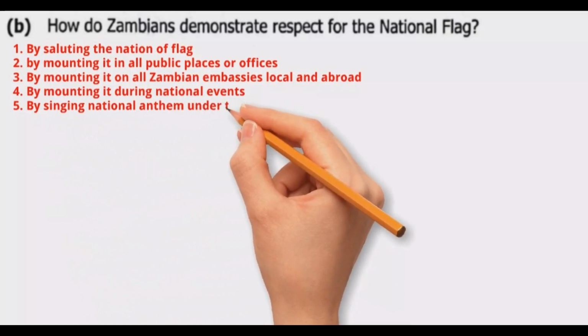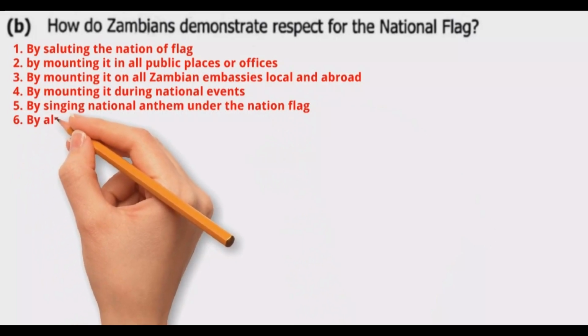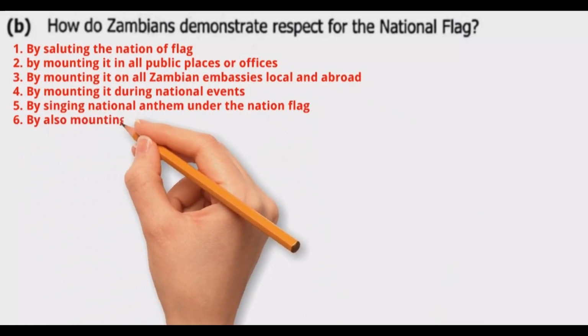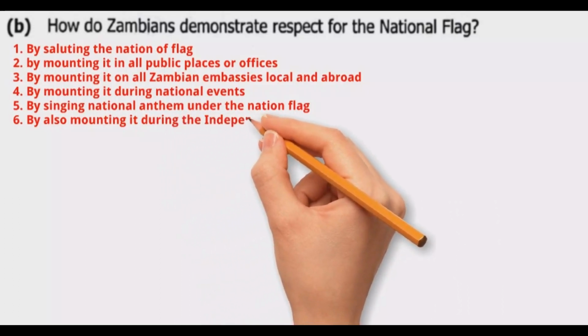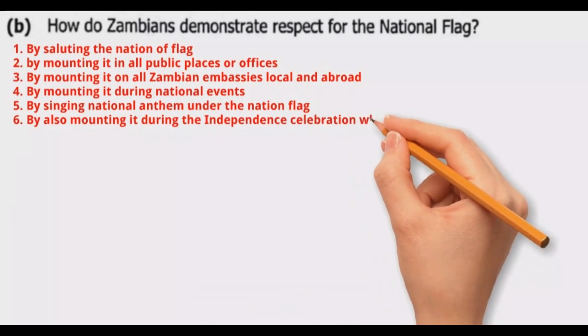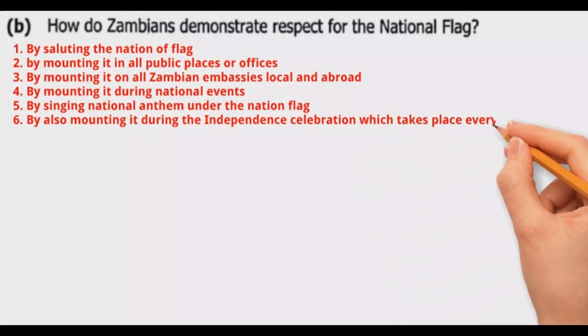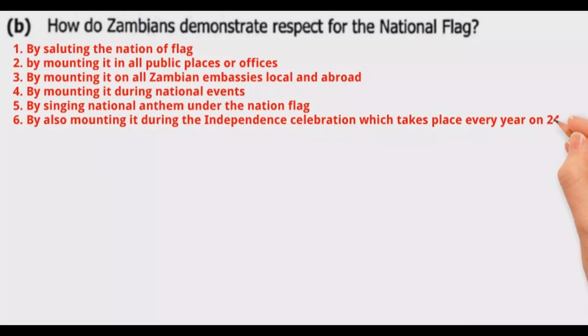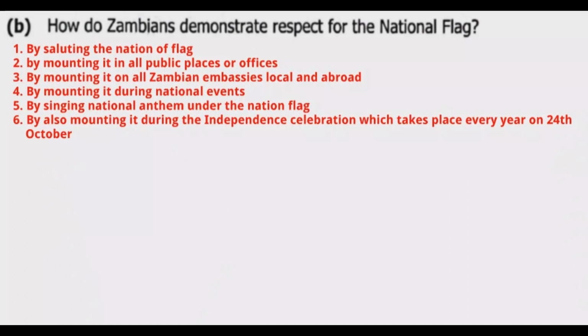The other point is when they are singing the national anthem, they sing under the national flag. The other one is they also mount this flag during the independence celebration on 24th October each year. So those are the 5 ways Zambians show respect to the flag.